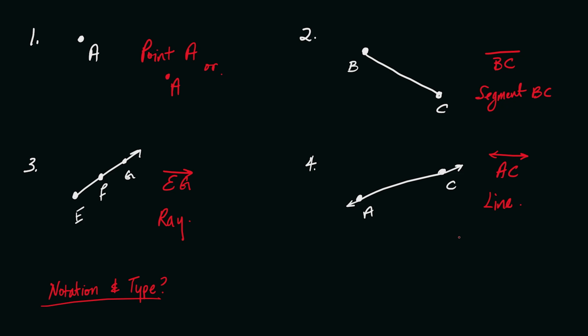So if it was a test and you had to write segment BC, you just use the example shown in number 2, where we have the bar on top. You're not going to write segment BC, that's going to take too long. You just write BC with the bar on top. That's it. So, yeah, that is how we define all of these terms.